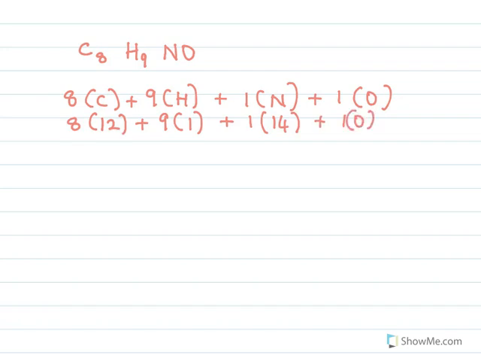So first 8 into 12 is 96, plus 9 into 1, 9, plus 1 into 14, 14 plus this would be now 1 into 16. Then you add them up and this would be 135 gram per mole.